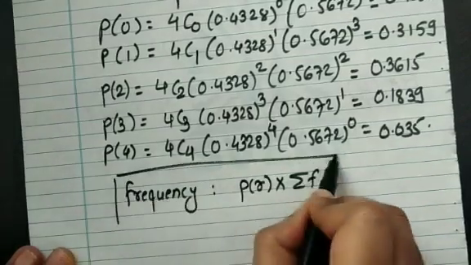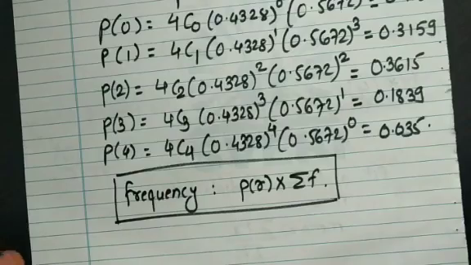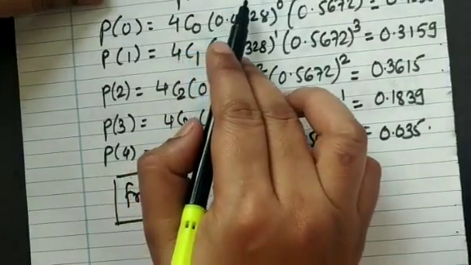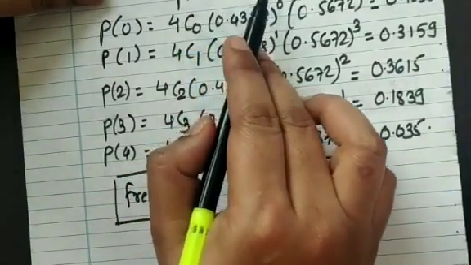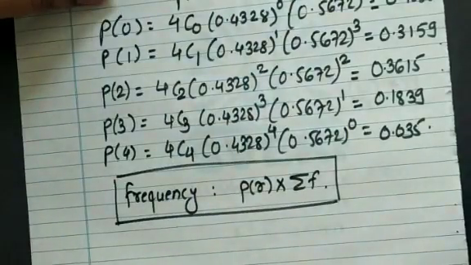Remember this formula. These are called expected frequencies. We want a binomial distribution, so we find the probabilities by that distribution, and then we are interested in the frequencies.